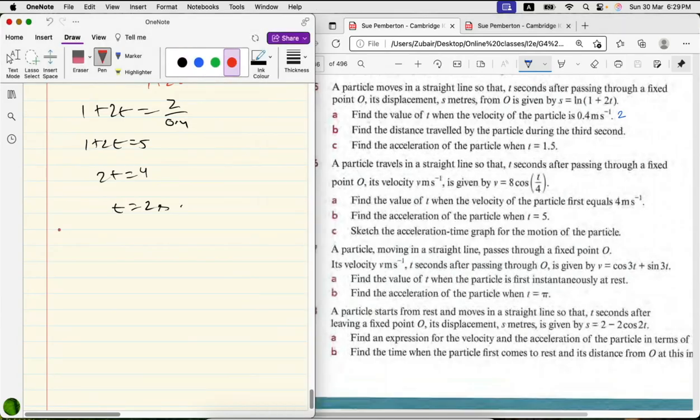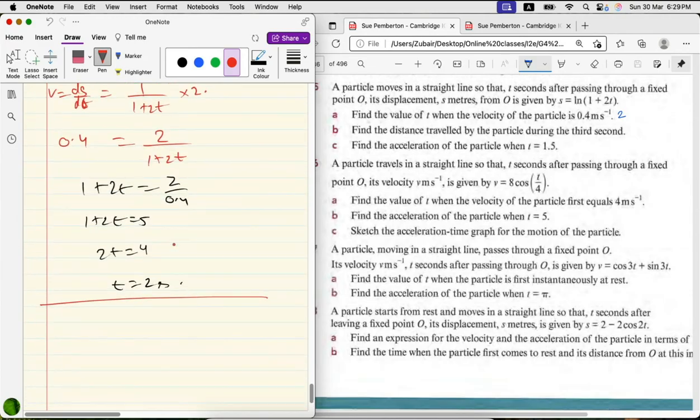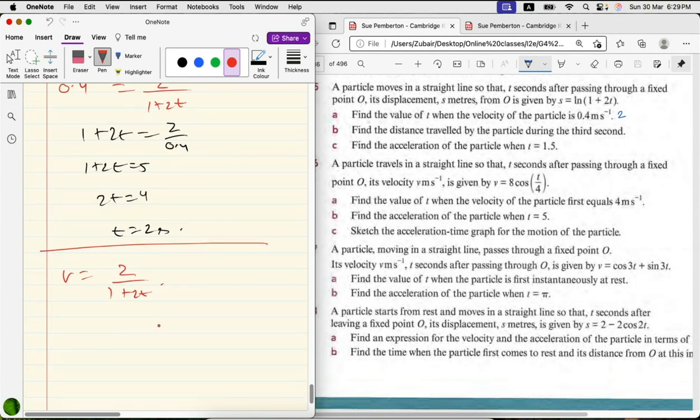But I also need to check if the particle is turning back or not. So equation of velocity is 2 over 1 plus 2t. And it's not turning back because when I substitute 0, I will not get a value of t. So it is moving in a straight line.